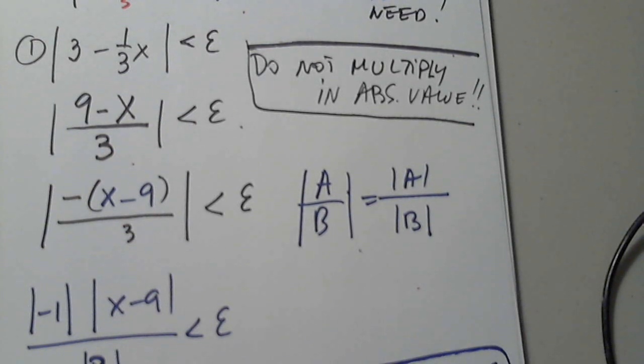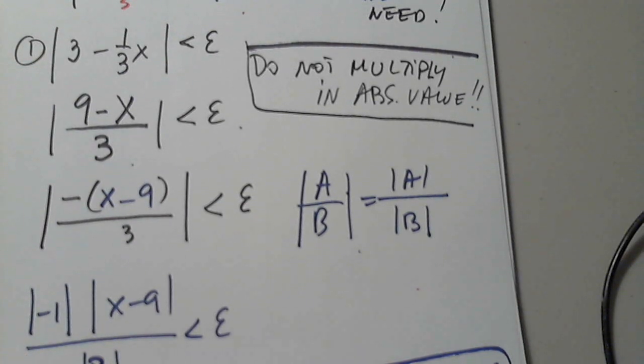It would be 3 epsilon. 3 epsilon. That's it. Delta depends on epsilon. It's a corresponding delta. And you know what you write as the second step.